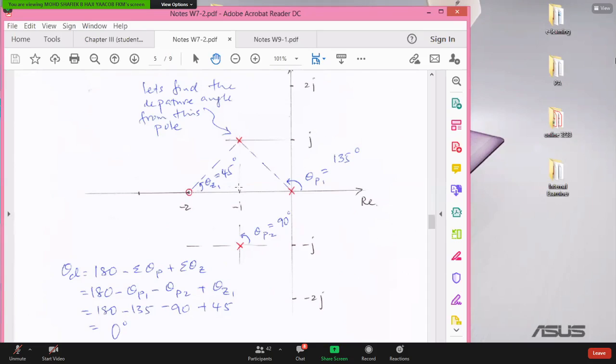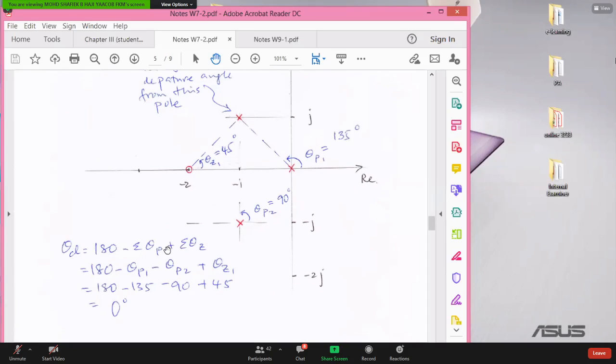So the departure angle is computed by 180 minus the summation of theta p and theta z. Here you have two theta p, 135 and 90, so minus 135 minus 90, but you have one zero here, so plus 45 degrees. So now you get the departure angle of 0 degrees.